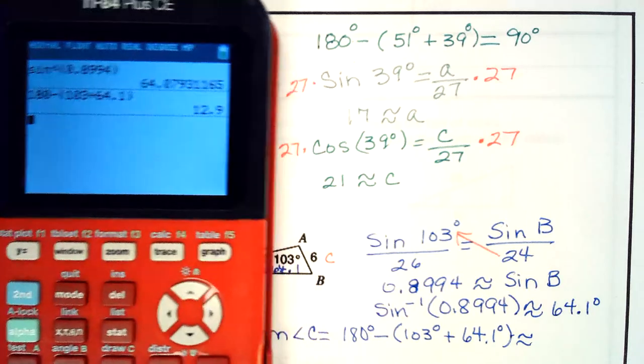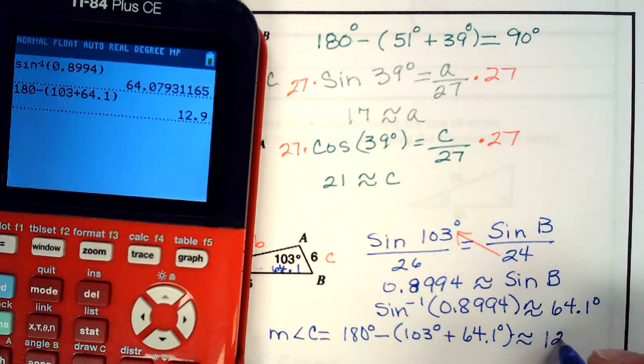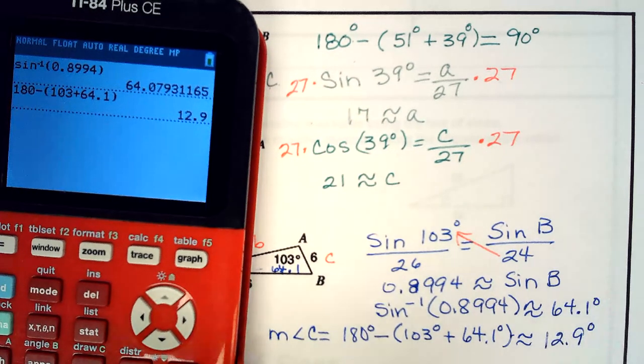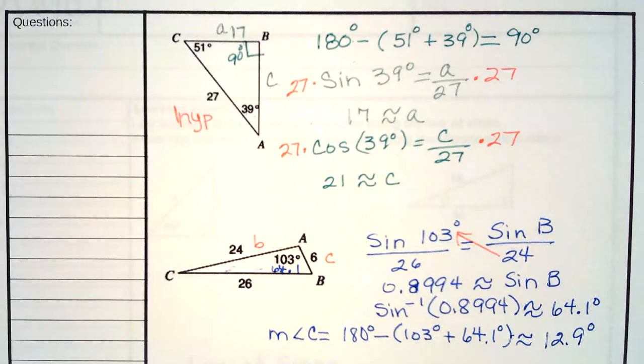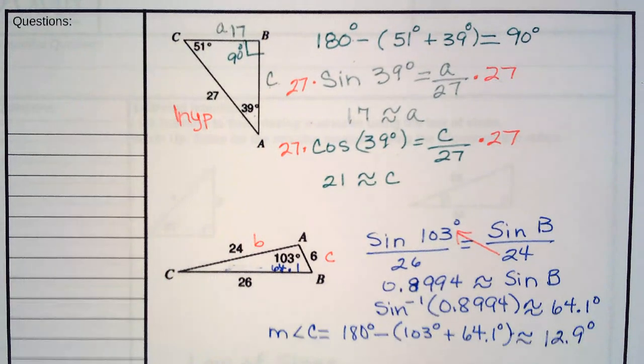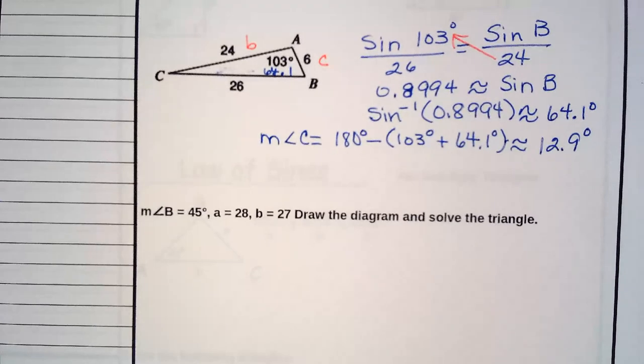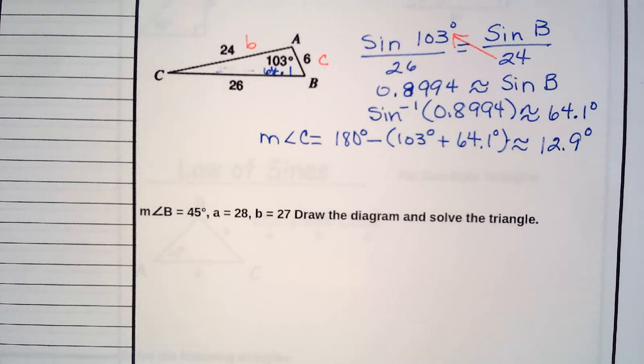And I end up with 12.9 degrees. Okay, so if you have the picture, you just kind of drill and kill. If you don't, the first thing you need to do is to draw the diagram, because it will keep you on track. You'll see what you've got and you'll see what you need to do.